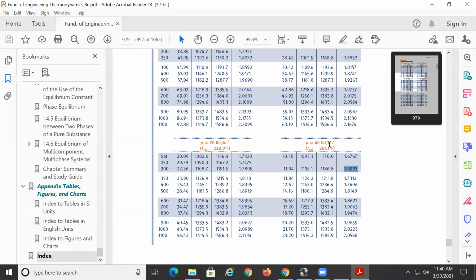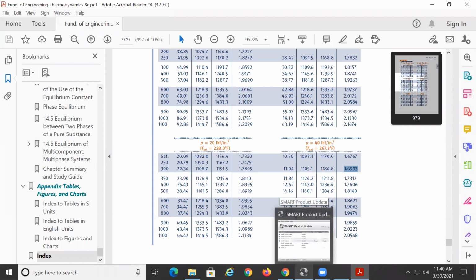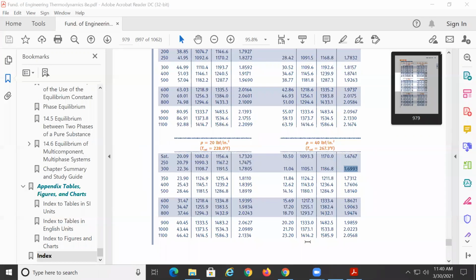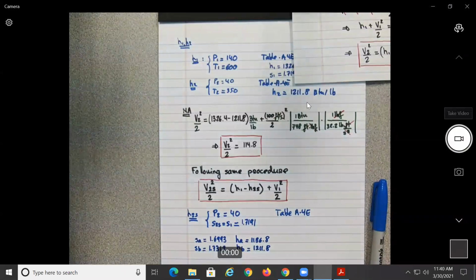For S sub B equal to 1.7312, we have that H sub B will be equal to 1,211.8. Okay?